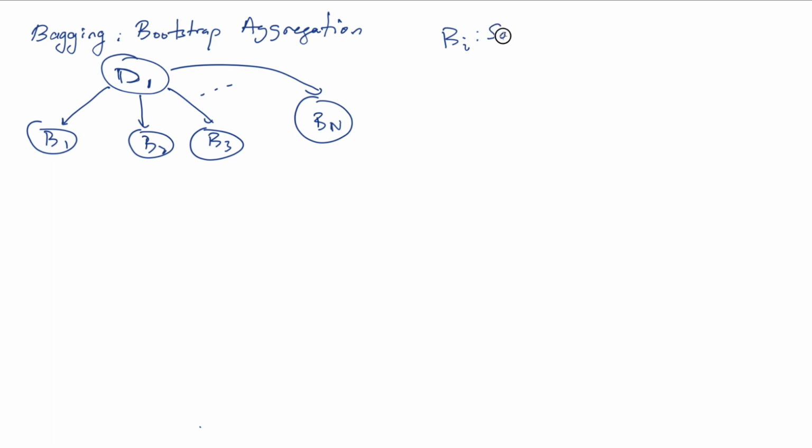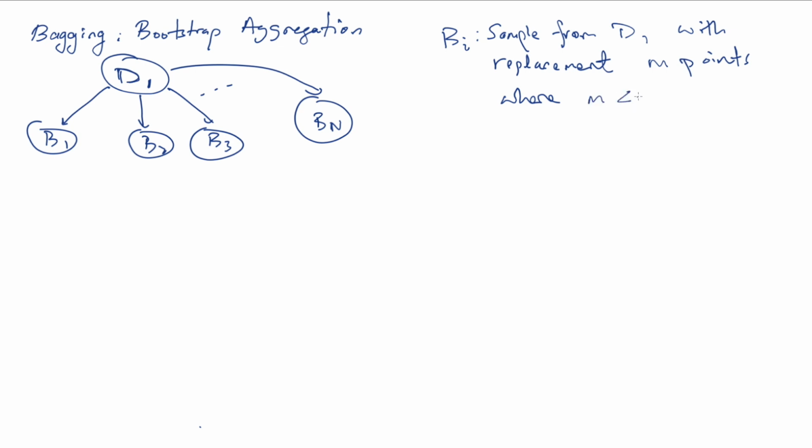This is a sample from D1 with replacement, M points where M is less than N. So D1 is the set of points x1, y1, xn, yn.